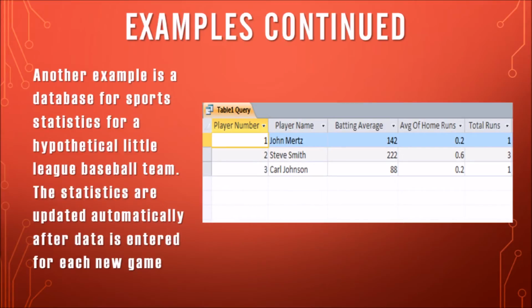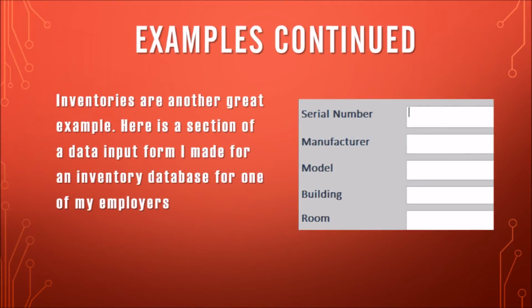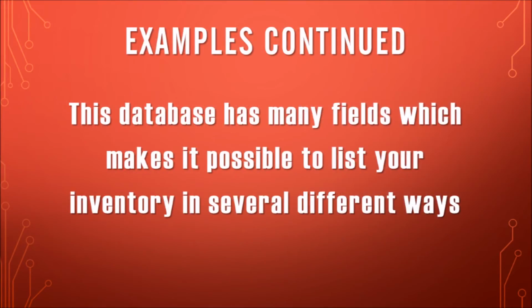Another example is a database for sports statistics for a hypothetical Little League baseball team. The statistics are automatically updated after data is entered for each new game. Inventories are another great example. Here's a section of a data input form I made for an inventory database for one of my employers. This database has many fields, which makes it possible to list your inventory in several different ways.